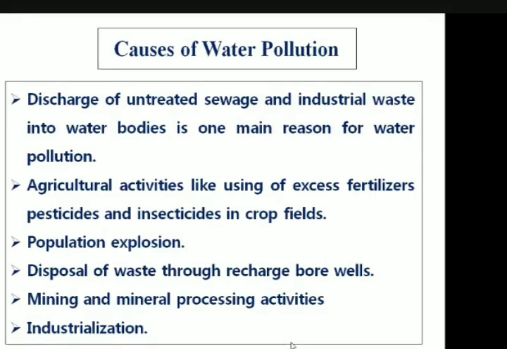Fertilizers and pesticides need to be used only in required quantities so that water pollution may not occur. If you use excess fertilizers and pesticides, it will lead to different problems. So that is one important cause of water pollution.